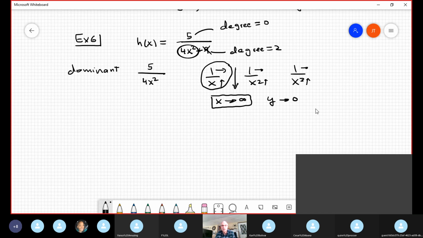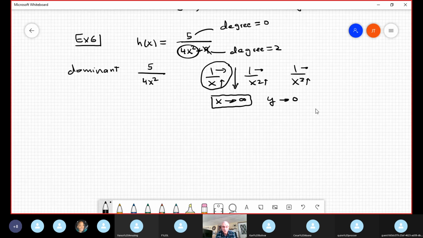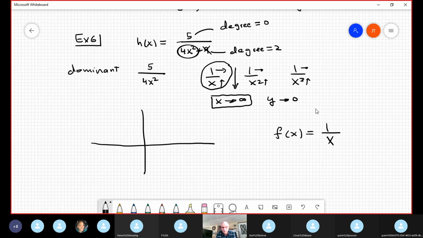That is the reason, but never negative. For example, we can see the classical f of x equals 1 over x, the reciprocal function. The reciprocal function has numerator degree 0 and denominator degree 1.